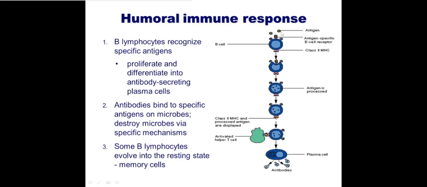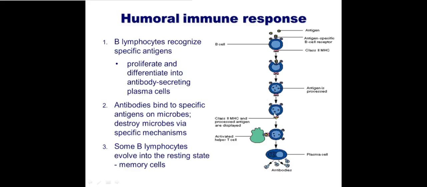If it is non-self, then they process this antigen, right? During the processing of the antigen, the class 2 MHC breaks it into small peptide fragments, right? Antigen is processed.